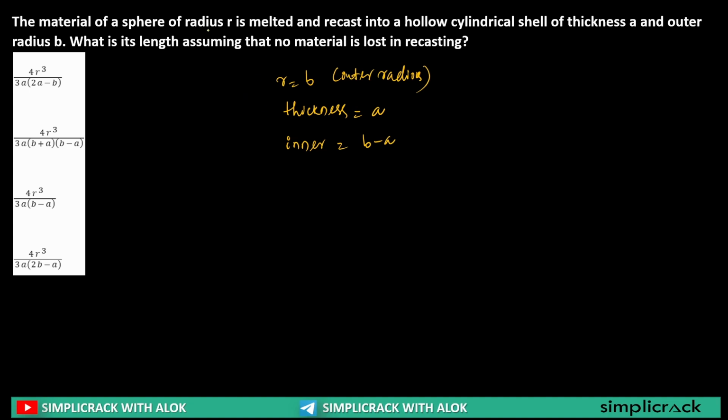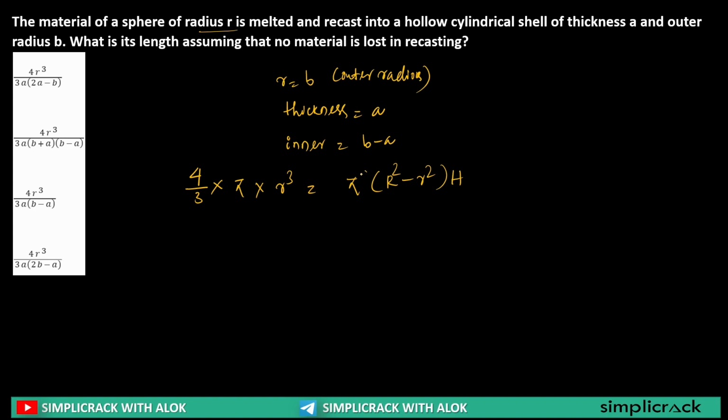That means the volume of the sphere is equal to the volume of the hollow cylinder. So the volume of the sphere, 4 by 3 pi r cube, is equal to the volume of the cylinder, pi into (b square minus inner radius square) into h. Yes sir, you are right. Pi will cross out.